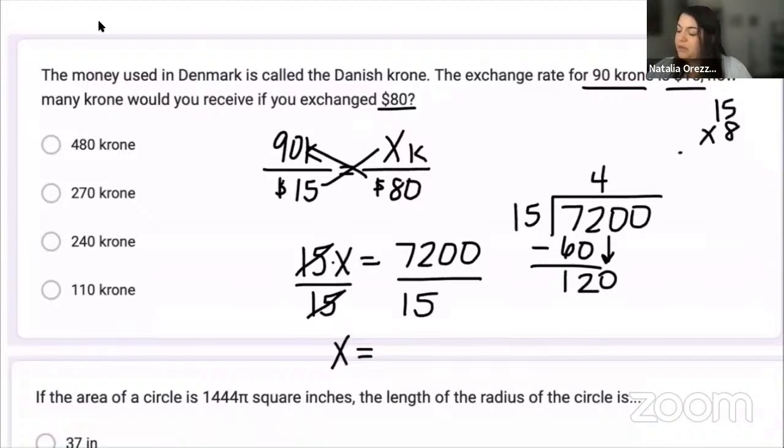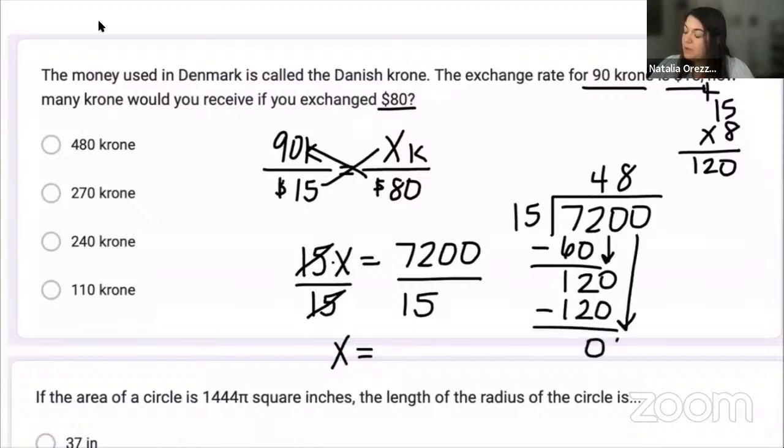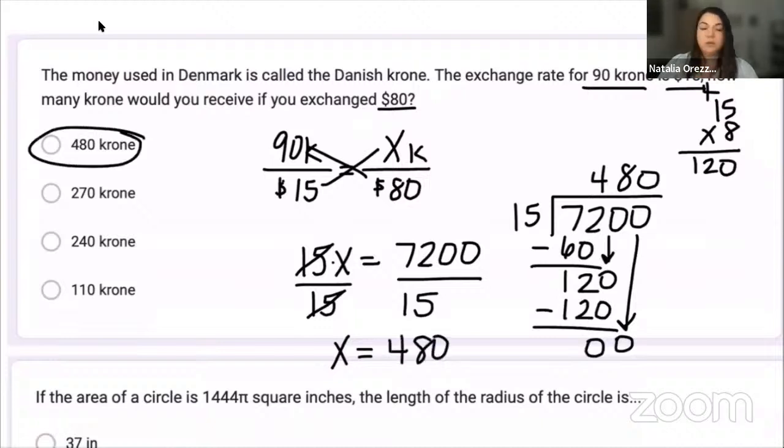I'm going to do the math over here. 8 times 5 is 40, carry the 4. 8 times 1 is 8, plus 4 is 12. So yes, it's exactly 8. So 15 times 8 is exactly 120. I subtract, I get 0. I still need to bring down my other 0. So 15 goes into 0, 0 times. So my answer here is 480 krone. And that's it. My answer is A.